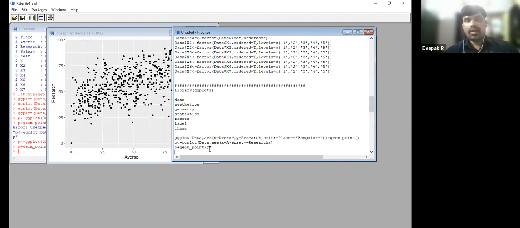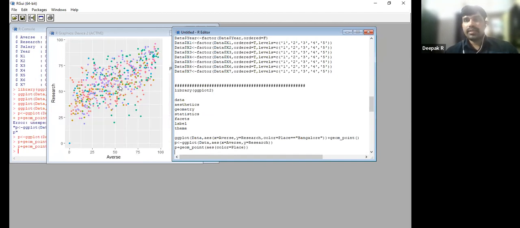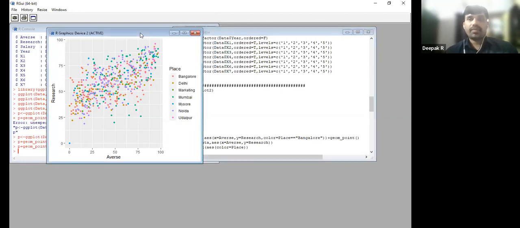If I want to make any changes to it, we go for what is called mapping. Here, in the aesthetic, I can mention the color. You will be able to notice that it specifically designates these observations which have been obtained, and the salary also plays a very important role.